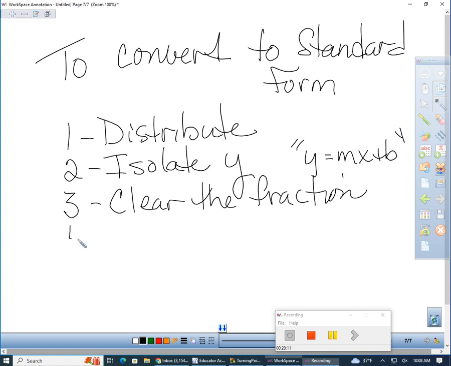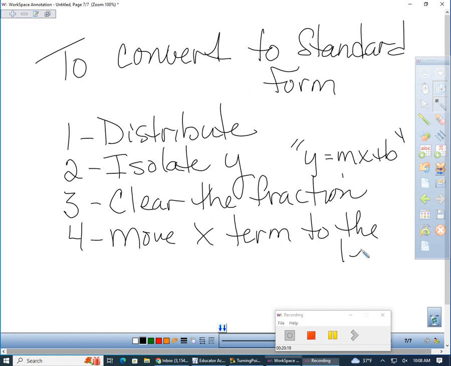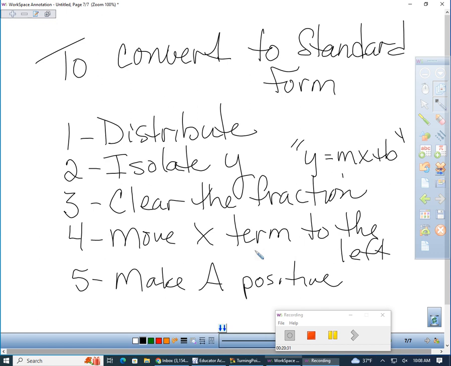Step 4, move the x term to the left. And step 5, make a positive. Now you're not going to have to do all of these steps all of the time, but the most difficult one, that's all the steps you would need.